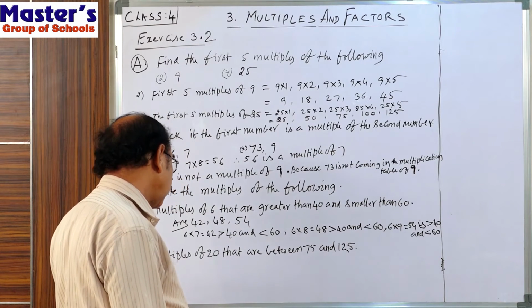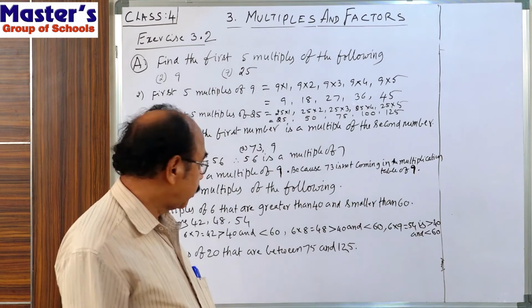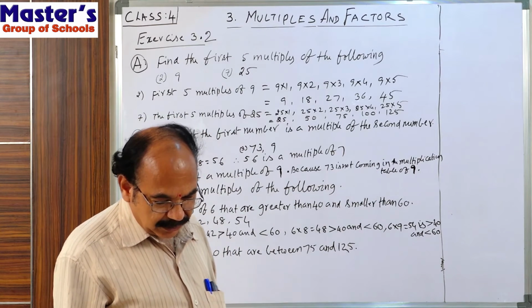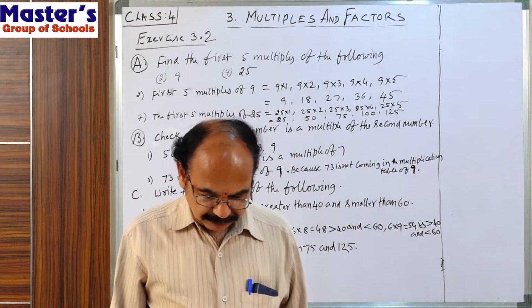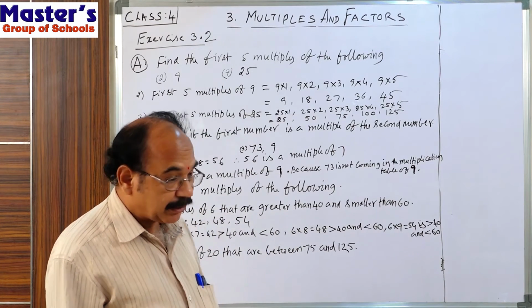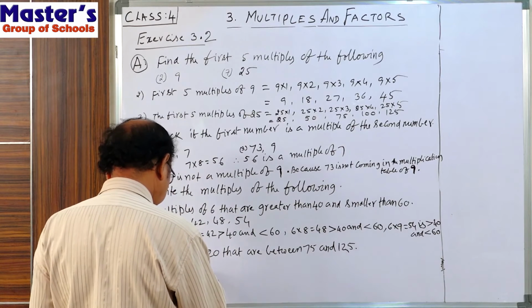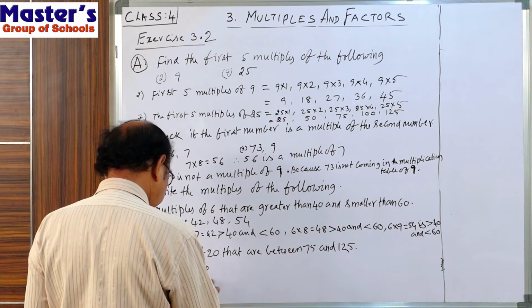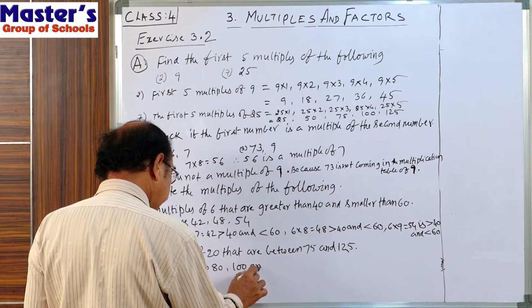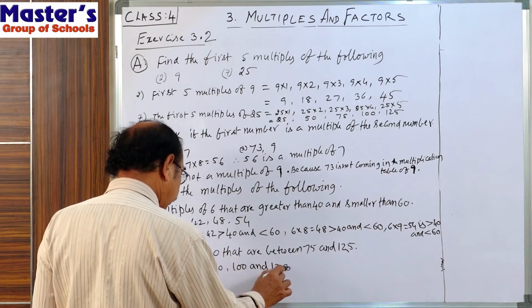What are the multiples of 20 that are between 75 and 125? Then what do we say here? 80, 100 and 120. The answer is 80, 100 and 120.